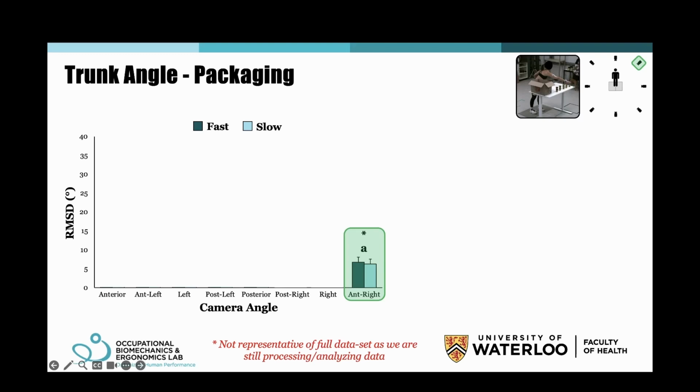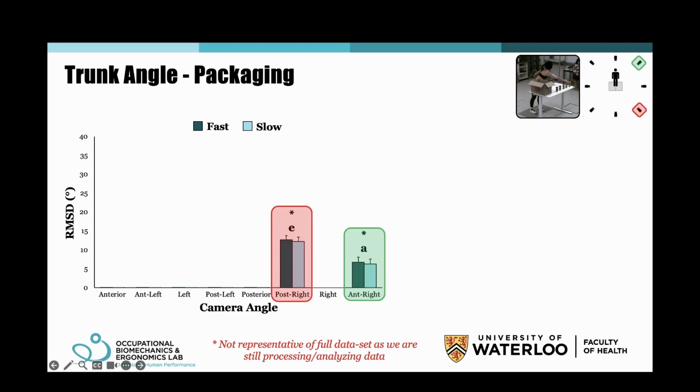Because we're looking at trunk flexion, the sagittal view, and as we turn, we're facing that anterior right camera, I think that is why we are seeing this have the lowest difference for this data. Now, the worst in this scenario is posterior right. If we twisted our body with the camera right behind us, we're looking at the frontal plane.